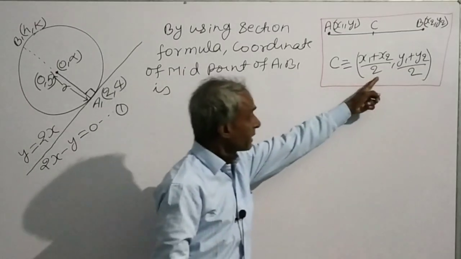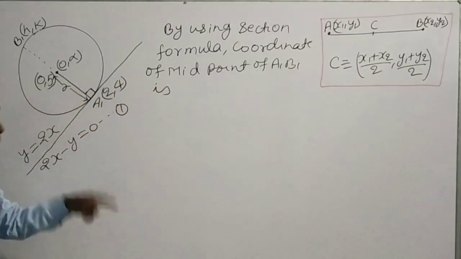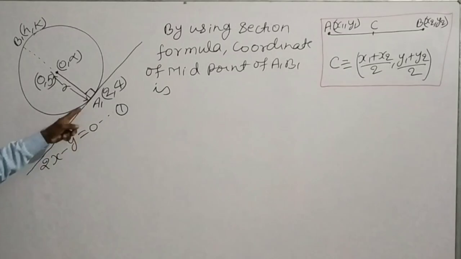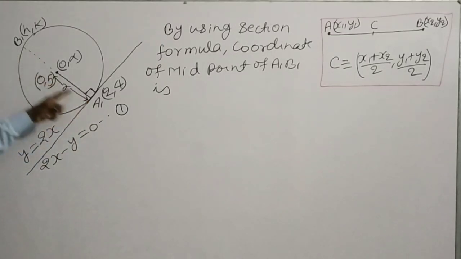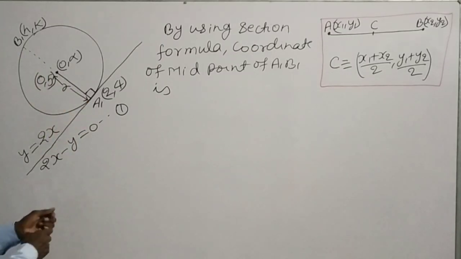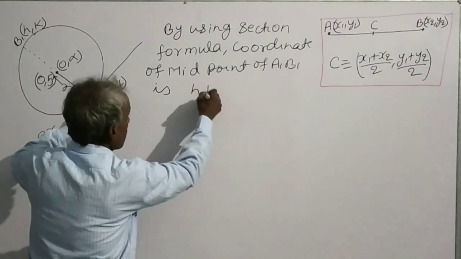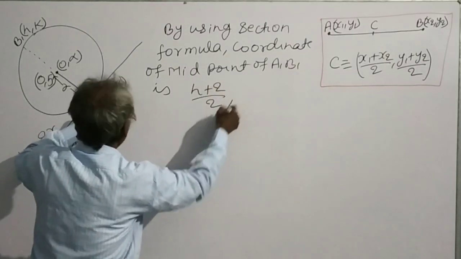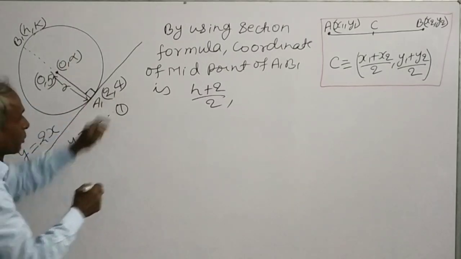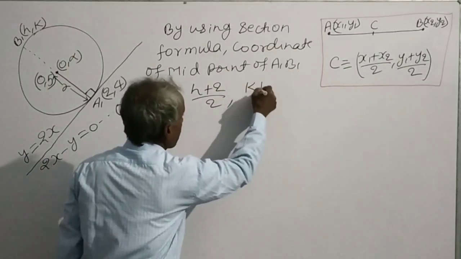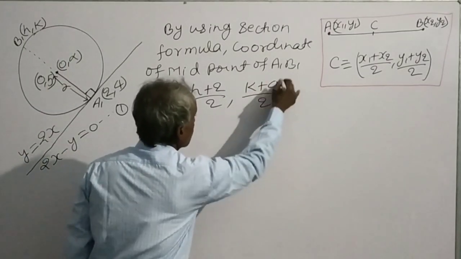By using this formula, the midpoint of line segment A1B1 will be equal to (h plus 2) by 2 and (k plus 4) by 2.